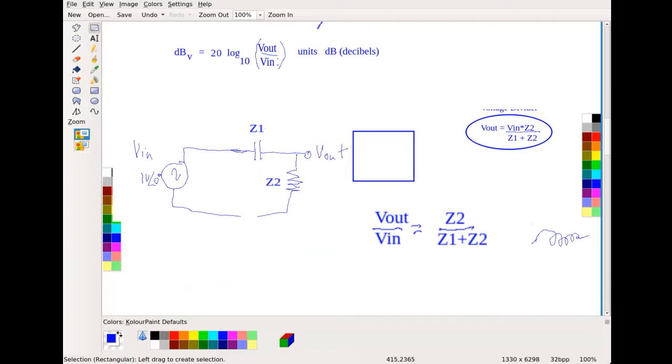In this case, I've just got a capacitor and a resistor here. Let's give these some values. I'm just going to pick, I guess, Z2.